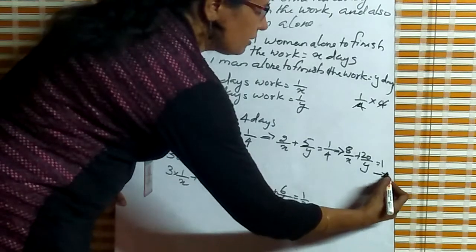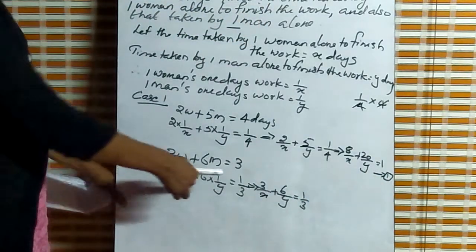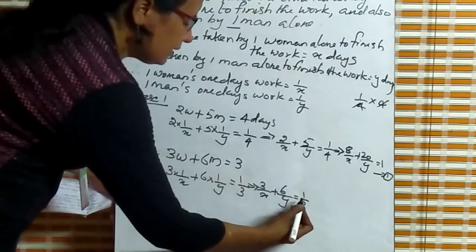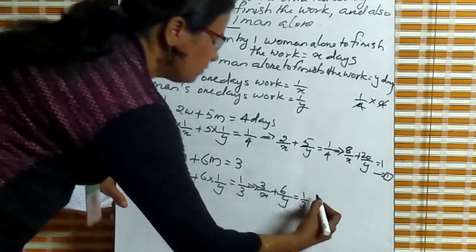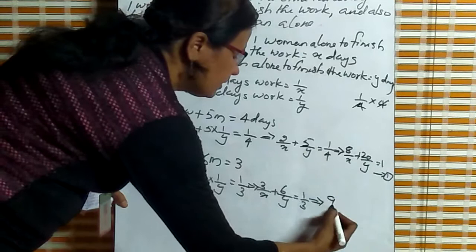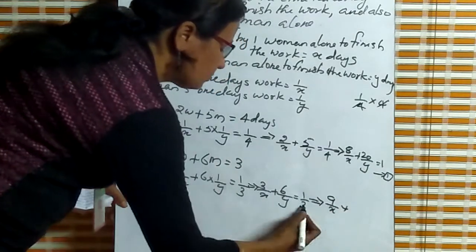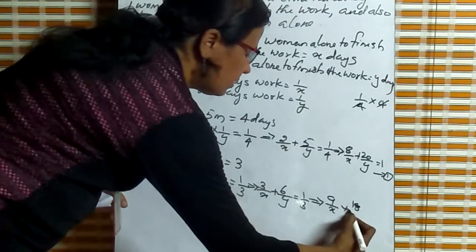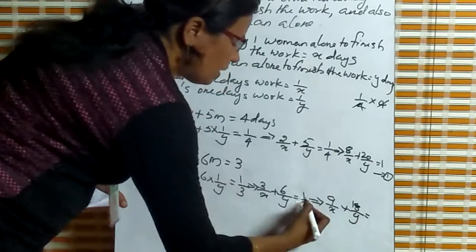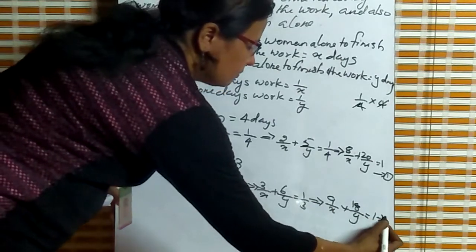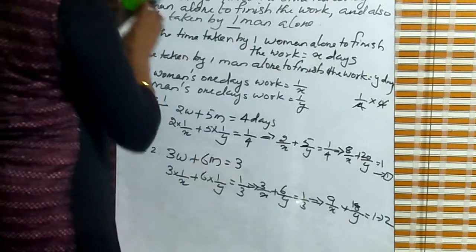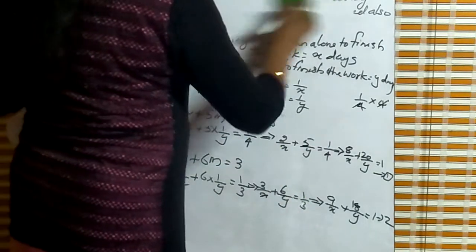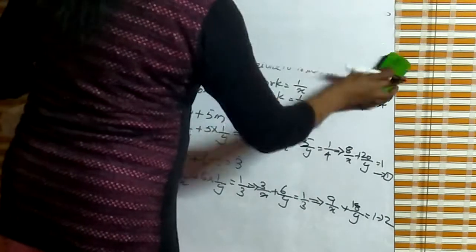This is equation 1. In the second equation we multiply throughout by 3: 3 into 3, 9 by x plus 3 into 6, 18 by y is equal to 1 by 3 into 3, 1. This is equation 2. Now we solve 1 and 2 for finding x and y.